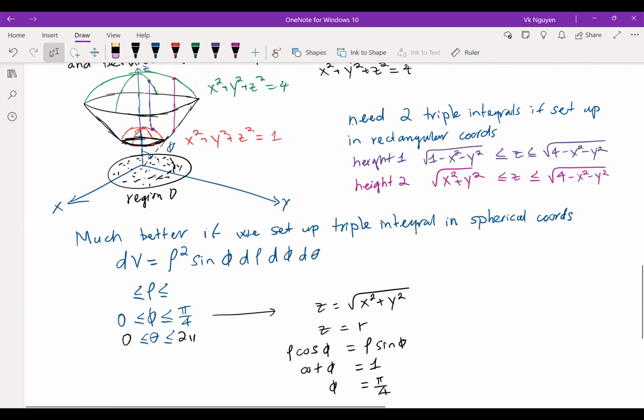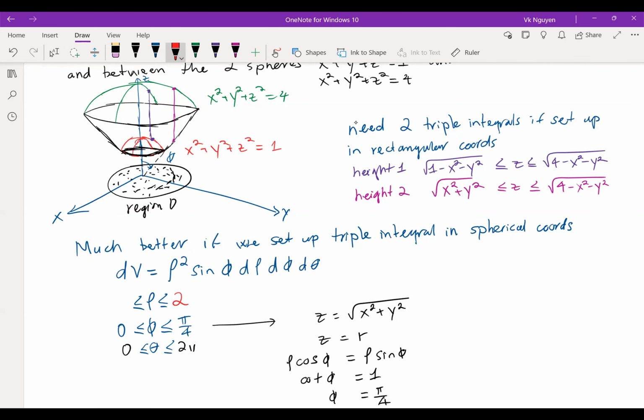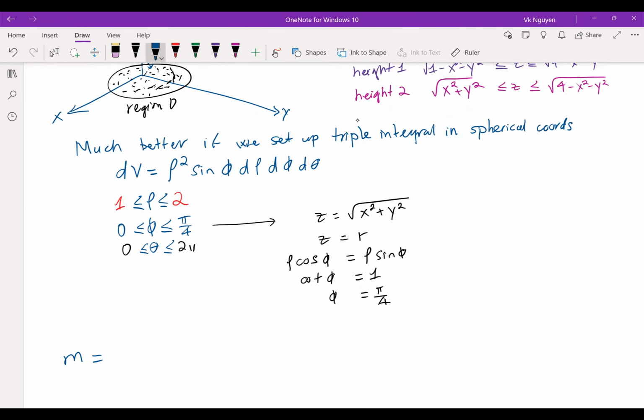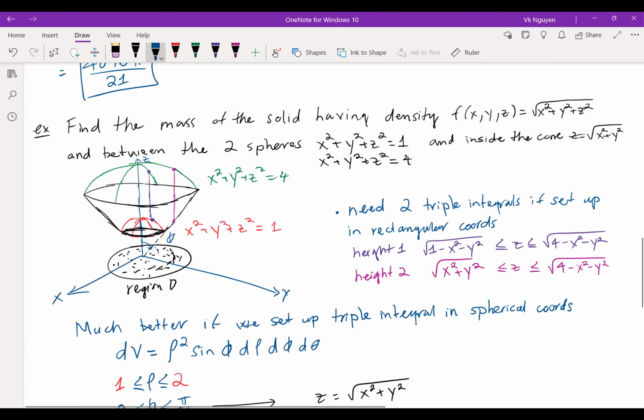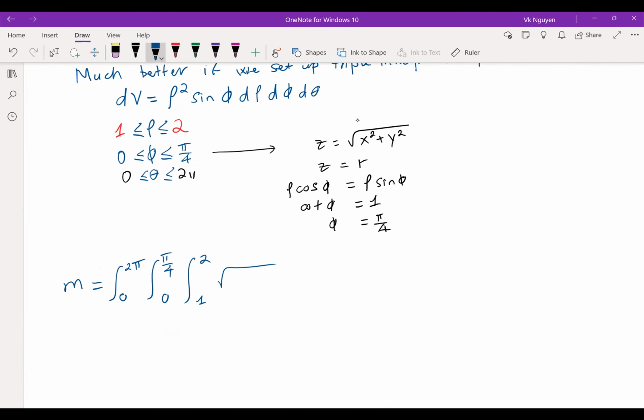And then the radius here, anybody? Yeah, 1 to 2. Very good. Mass is the integral from 0 to 2 pi, 0 to pi over 4, 1 to 2, and then the density is the root of x squared plus y squared plus z squared, so that's root of rho squared, times rho squared sine phi d rho d phi d theta.